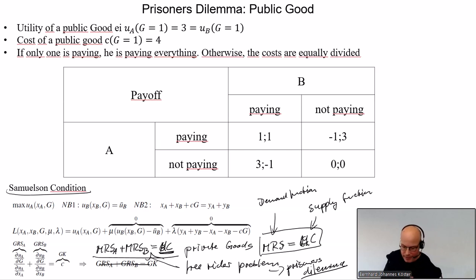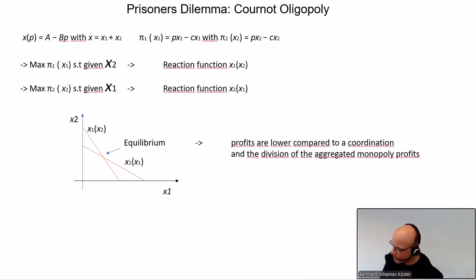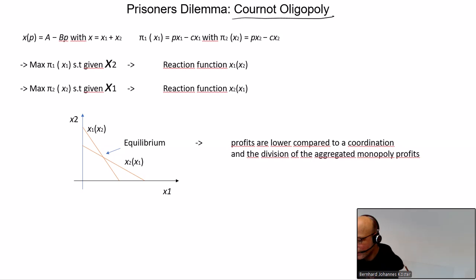And the last one, where we also find this prisoner's dilemma, I don't know, have you done the Cournot oligopoly in microeconomics? Yeah. And there you say, well, you have an aggregated demand function.